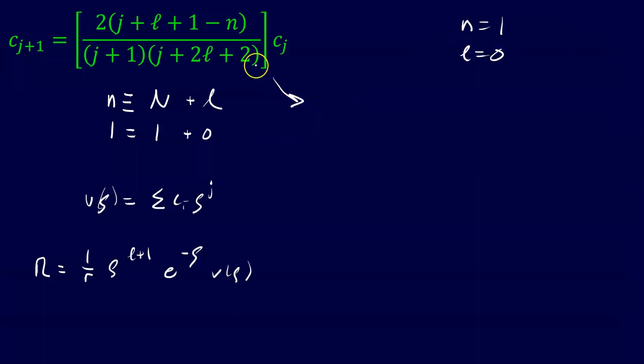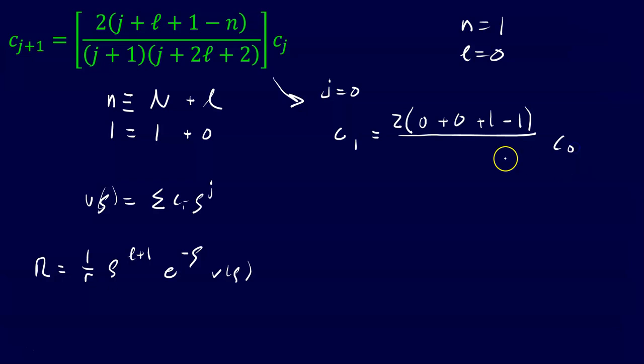And then what we do is, let's look at this sum here. The first one we want to do is j equal to 0, which would lead us to c sub j plus 1 would be 1. We don't even care about the denominator, only the numerator. So if I write this out, 2 times j, which is 0, plus L, which is 0, plus 1, and then minus n, which is 1, times c0.